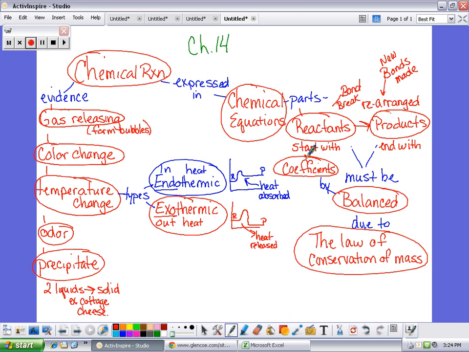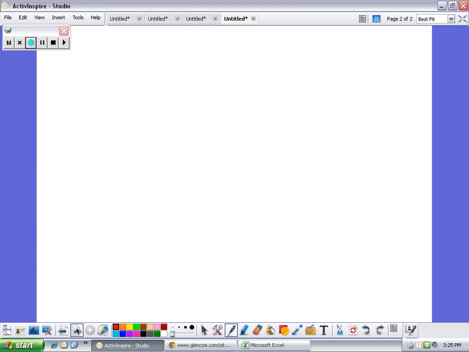And it's not the substance that you're changing, it's the amount of the stuff that you have that needs to be the same. So this entails the information for chemical reactions. I'm going to continue on to a next slide to talk about nuclear reactions, so we have plenty of room to write.